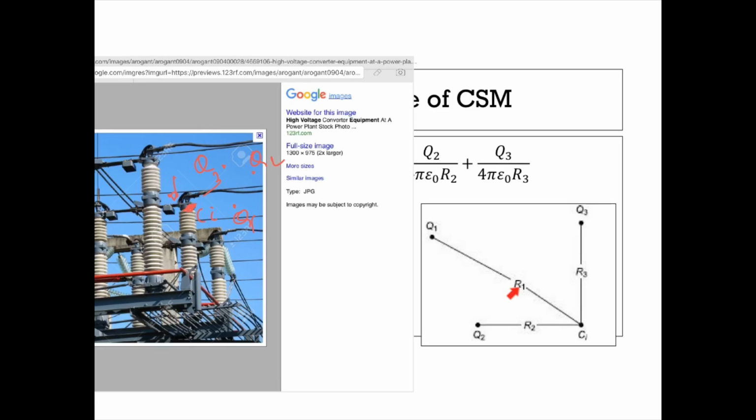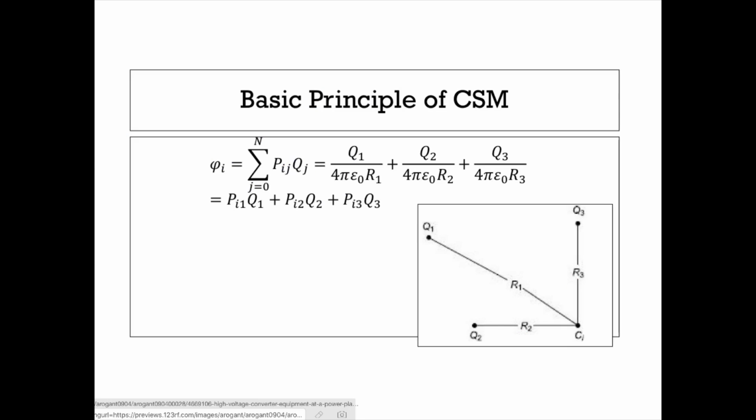Let us assume that the distance R1 represents the distance between Q1 and Ci, and so is the case with R2 and R3. So the electric potential at point C can be written in terms of charges Q1, Q2 and Q3, which is written here.